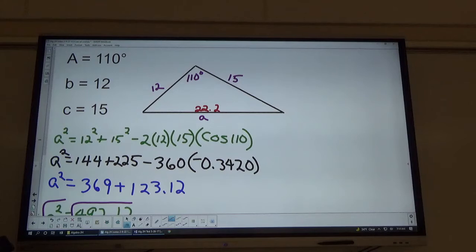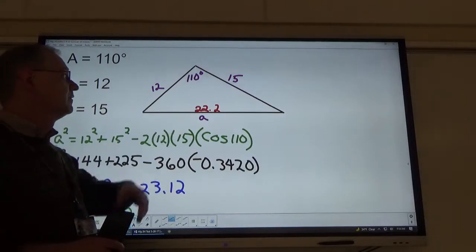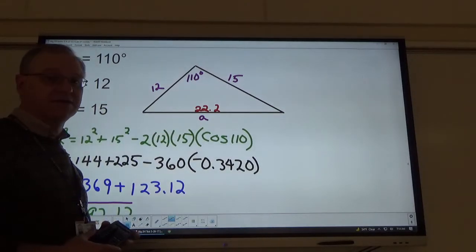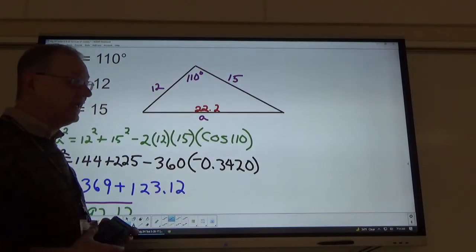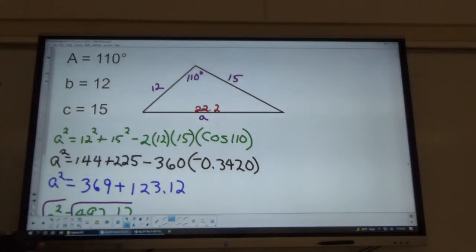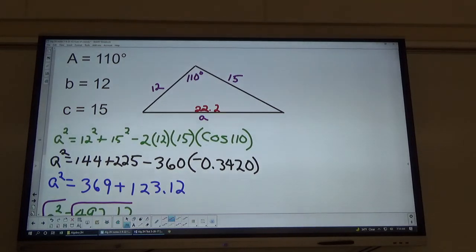Now I can choose to use this side and find another angle using law of sines, or I can use law of cosines. Now you can choose which method you'd like. I'm going to use law of sines because it's a little bit shorter, but you certainly can use law of cosines.